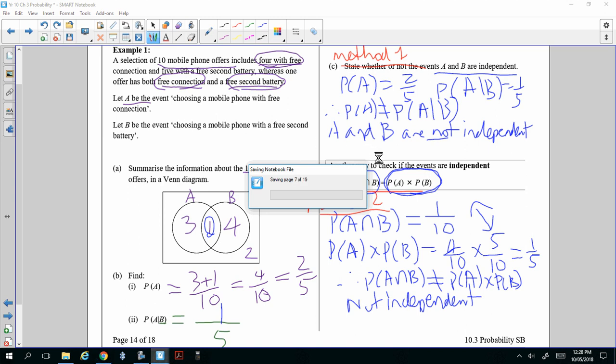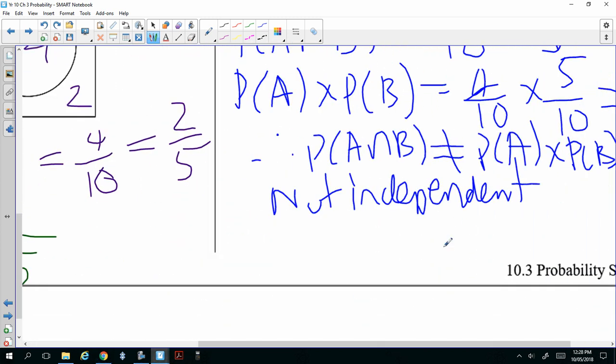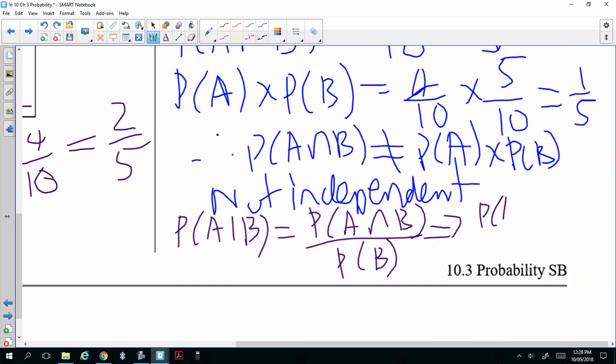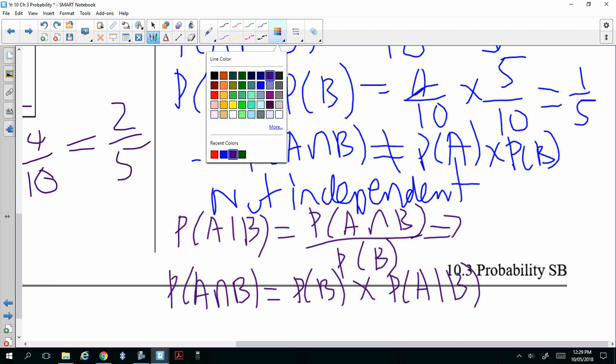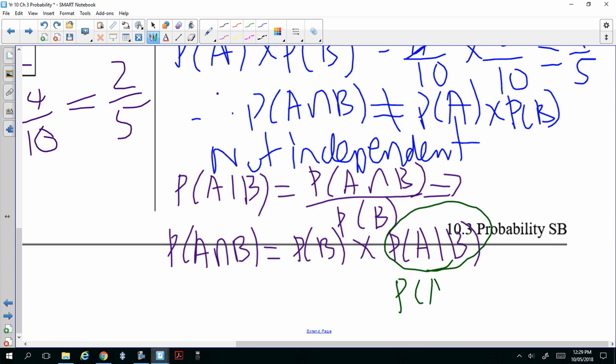If we look at the conditional probability, the probability of A given B is equal to the probability of A and B over the probability of B. Therefore, the probability of A and B is the same as the probability of B times the probability of A given B. If the two events are independent, this equals the probability of A. So you can see where this formula comes from.